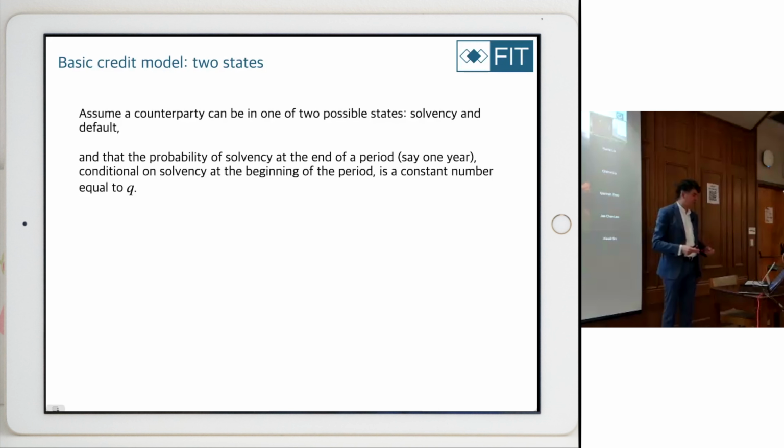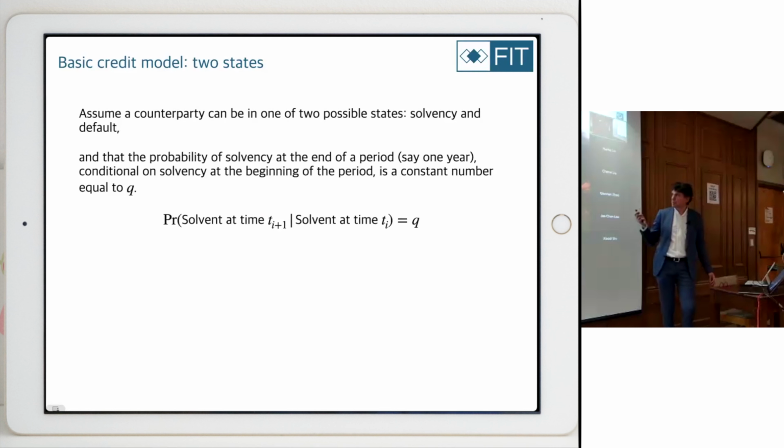So I'm assuming that your credit quality does not get better or worse, it's constant. That's why this is a very big assumption. In other words, I'm saying that the probability of being solvent at some point, conditional that I was solvent a year before, is constant. It does not change. It's always the same. You can get better, you can get worse.